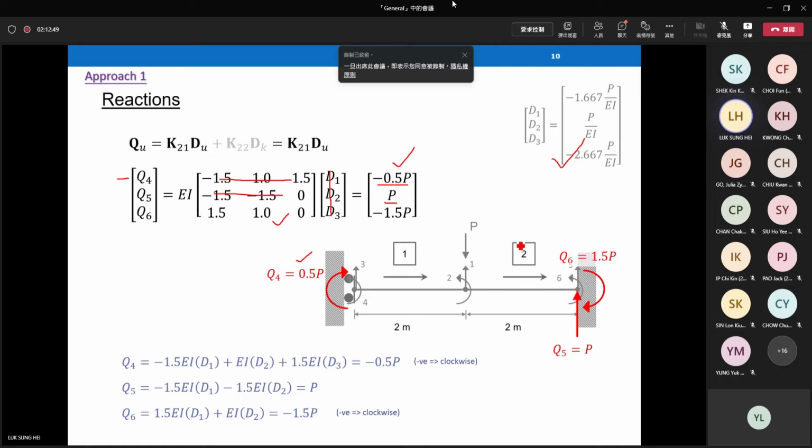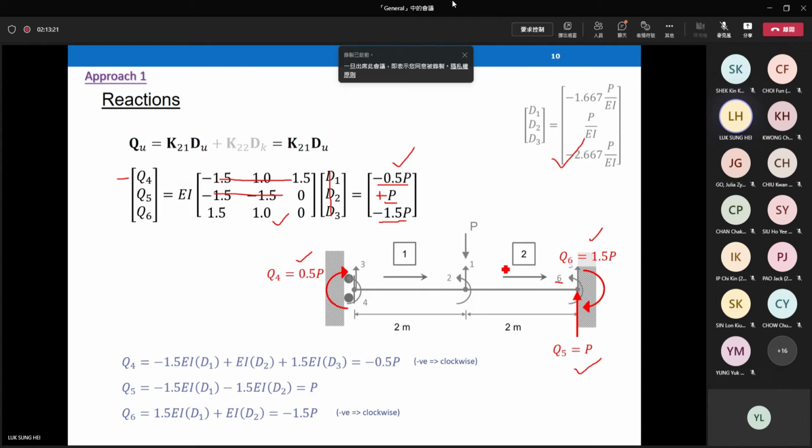And then Q5, talking about the force at the fixed end. Positive means upward force. And then finally, the last element, Q6. Q6 is negative, minus 1.5p. Q6 corresponds to the rotation degree of freedom at the fixed end. Negative means clockwise. So we can convert them back to our reaction diagrams.